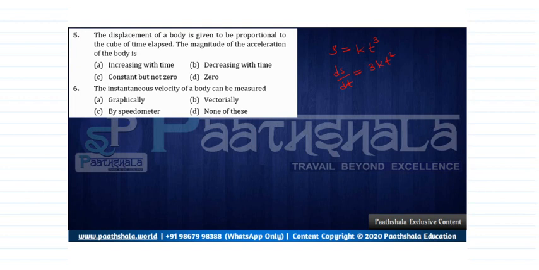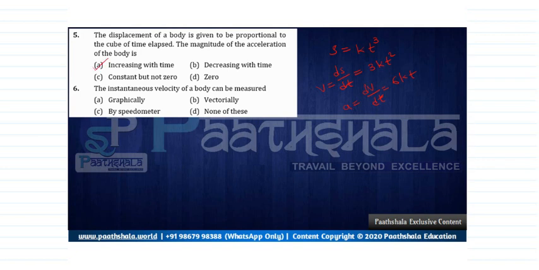So acceleration will be dv by dt, and it will be 6 kt. Yes, it increases with time. So option A is the right one. Correct.